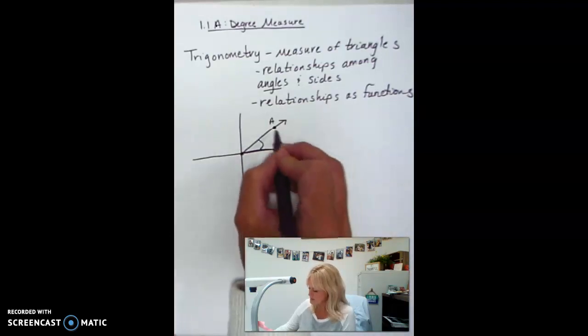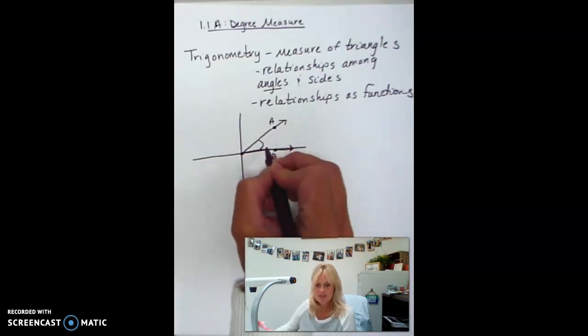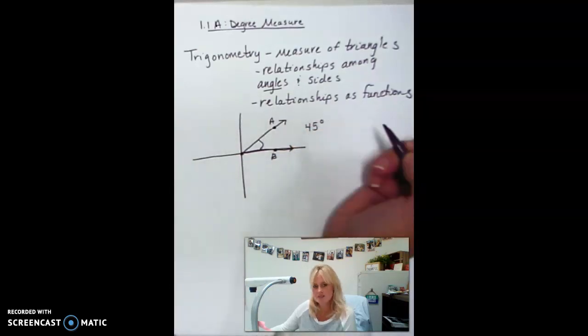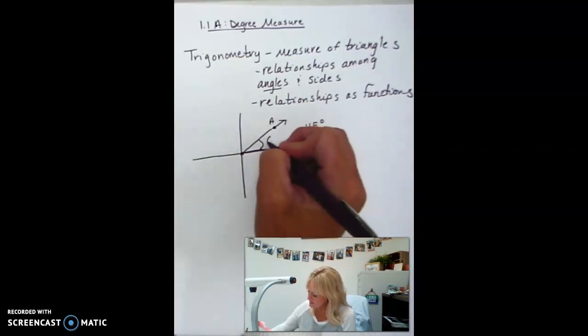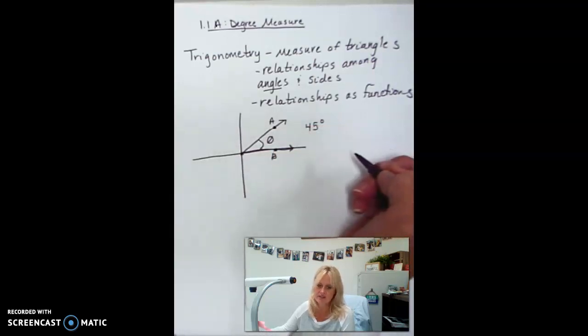Well, we know that this is about a 90-degree angle from here to here, so if I were to guess, this is probably right around 45 degrees. Okay? In trig, we call this angle theta, and this is the symbol for theta. Theta is referring to any of our angle measurements.